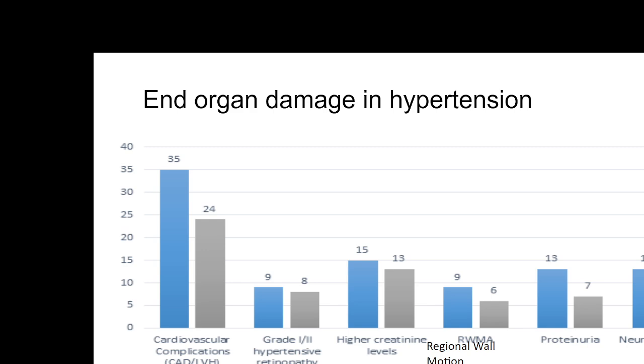Also proteinuria, neurodeficit, and cerebrovascular accidents. These are the complications which can occur due to hypertension, and this is the statistical representation.